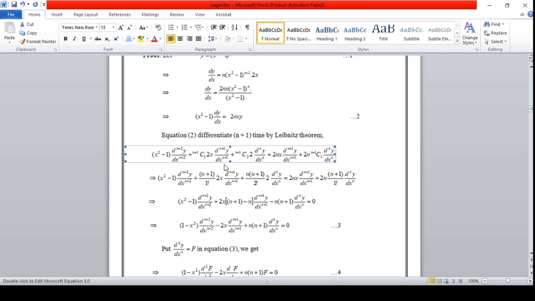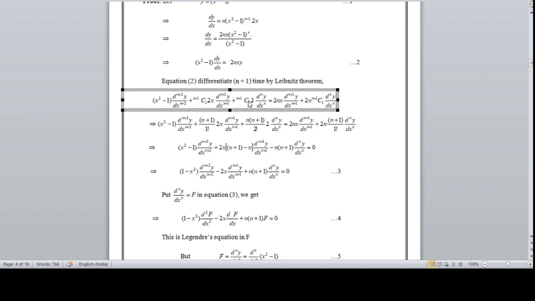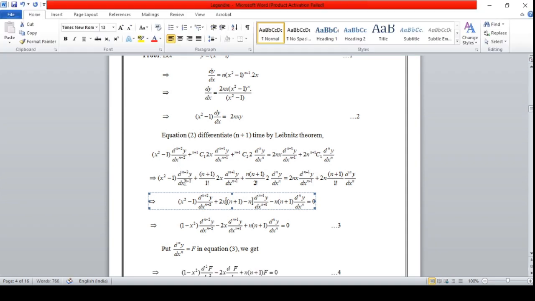This is the application of the Leibniz theorem, and here we substitute the values of nC1, nC2 and (n+1)C1. We get (x squared minus 1) d^(n+2) y upon dx^(n+2) plus 2x (n+1 minus 1) d^(n+1) y upon dx^(n+1) minus n(n+1) d^n y upon dx^n is equal to 0.